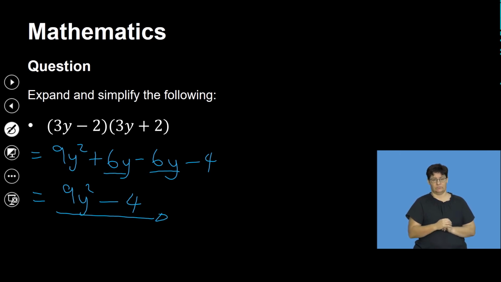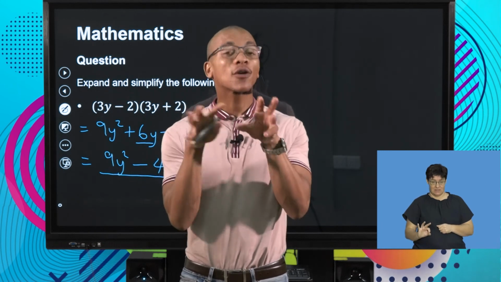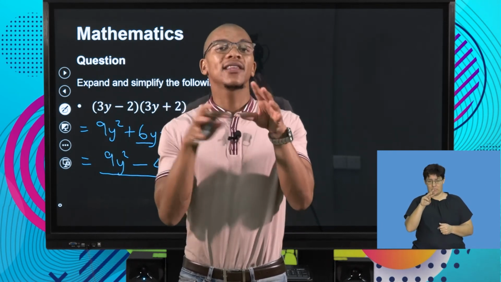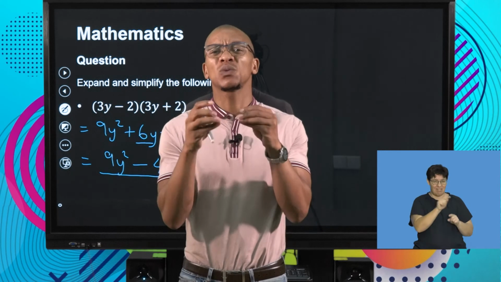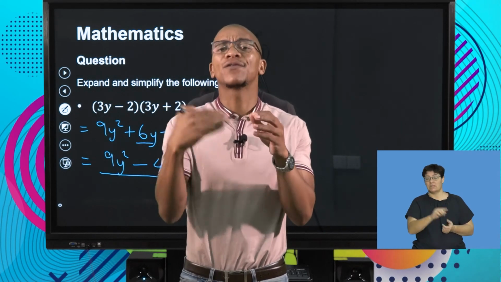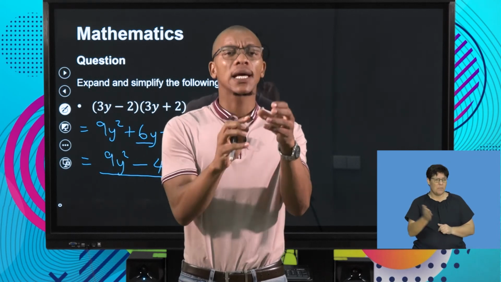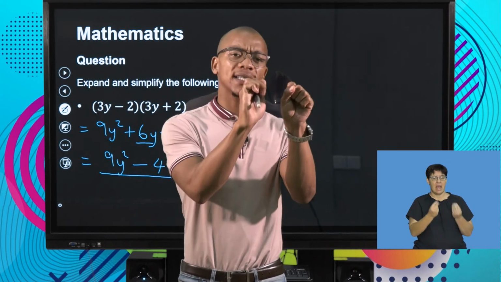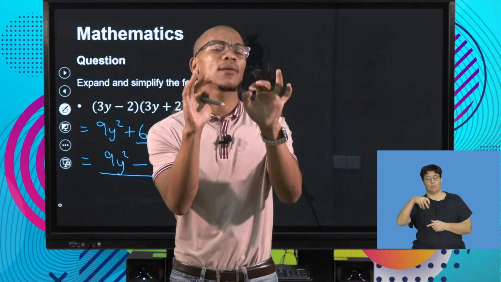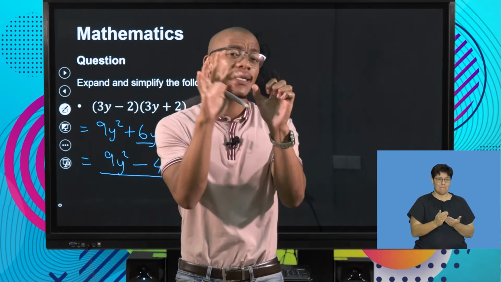Now, generally we said that if I multiply a binomial and a binomial, we get a trinomial. But at times there are special conditions, and these are what we call the difference of two squares. Remember the previous example we looked at gave us a cube plus a cube, and I said there's a time where it's a square minus a square.